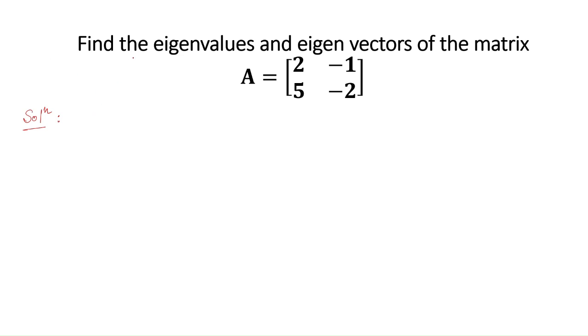Here we have to find the eigenvalues and eigenvectors of the given matrix A. Elements are 2, minus 1, 5, minus 2.